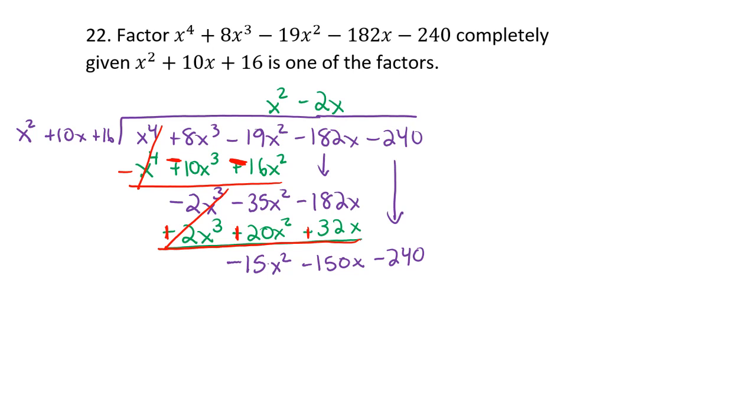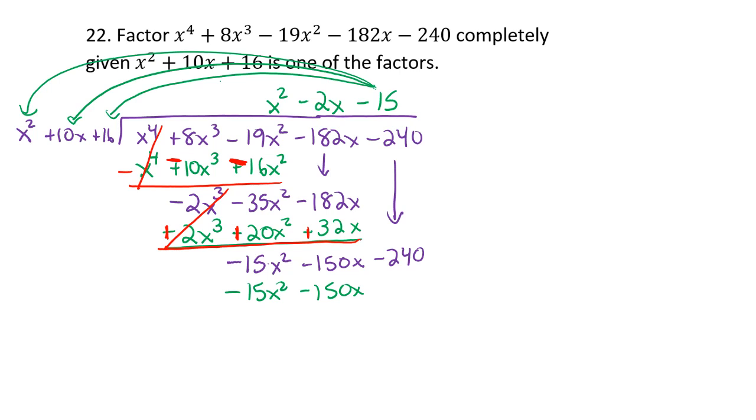All right, so now we're going to do it again. What times x squared is going to give us negative 15x squared will be negative 15. So negative 15 times x squared is negative 15x squared. Negative 15 times 10 is going to give us negative 150x.